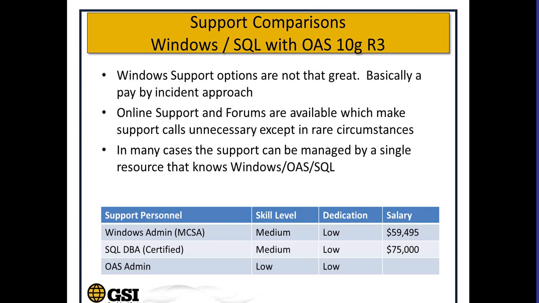As far as supporting the platforms, in many cases, customers have a single person that supports all of it. So I might have a person that knows Windows, SQL, and picks up OAS, or nowadays it would be WebLogic as a replacement for OAS. As far as salary requirements for the different types of positions, for a Windows admin, his skill level needs to be medium for this.